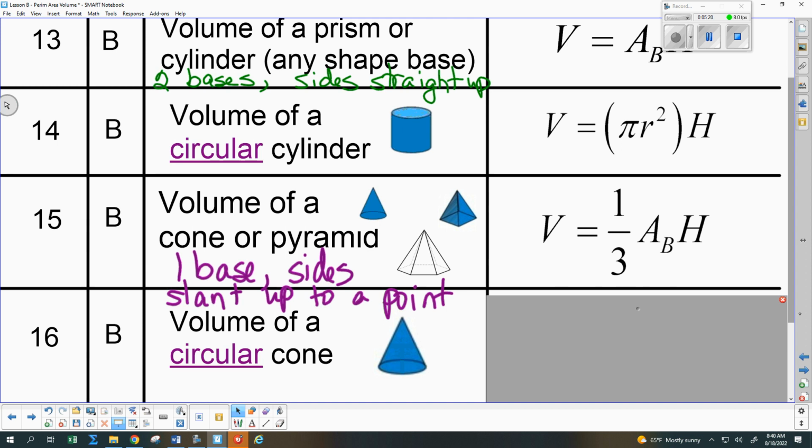If it is a triangular pyramid, my base is a triangle, so I need a 1/2 little b little h. If it is my hexagonal cone, I need the area of the hexagon times the height times 1/3.